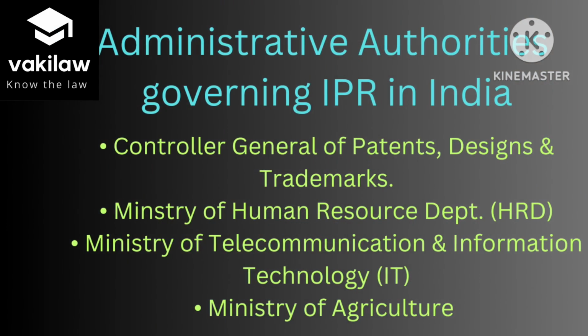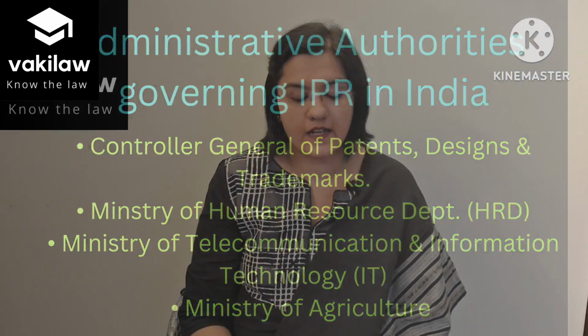Okay, so basically patents, designs, trademarks and geographical indications are governed by Controller General of Patents, Designs and Trademarks. Copyright is governed by the Ministry of Human Resource Department or HRD. Layout designs of integrated circuits fall under the charge of the Ministry of Telecommunication and Information Technology or IT, and the protection of plant varieties is governed by the Ministry of Agriculture.